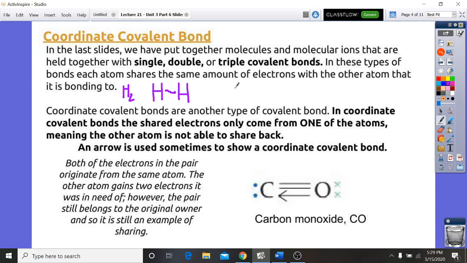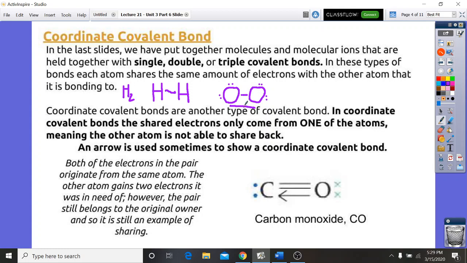A double bond is, for instance, what exists between an oxygen molecule, meaning O2. Oxygen has 1, 2, 3, 4, 5, 6 valence electrons. And so I can do this right here, and now I've made a double bond.